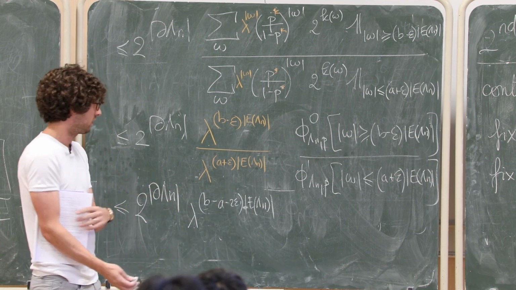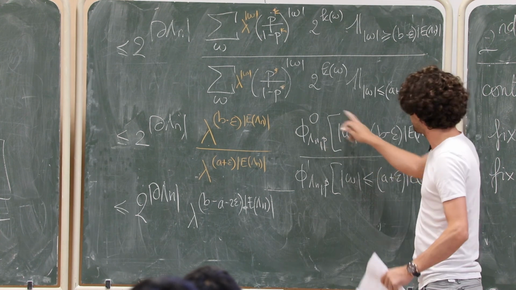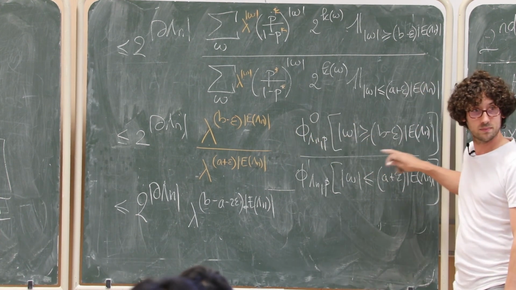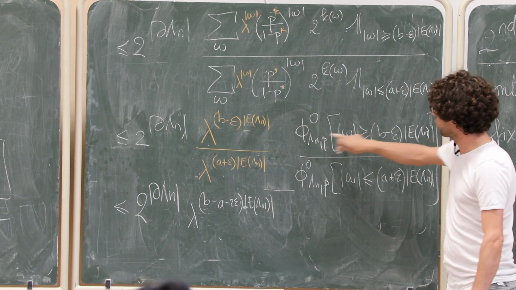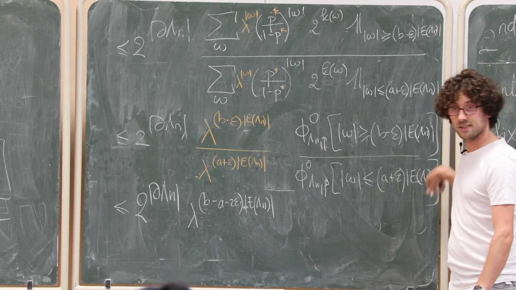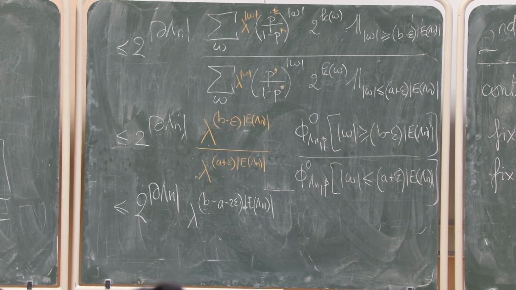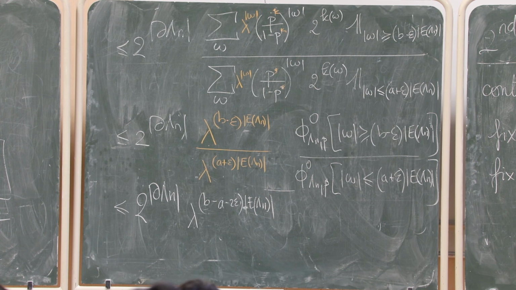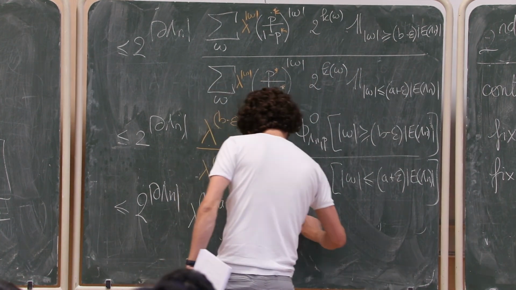Which is much smaller than this. And here, what do I have? This thing could be bad, but this is smaller or equal to 1. This is smaller or equal to 1. And this is, well, it could be tiny, but, well, it's not, because that's this guy. So it's larger or equal to epsilon. So all of this is smaller or equal to 1 over epsilon.